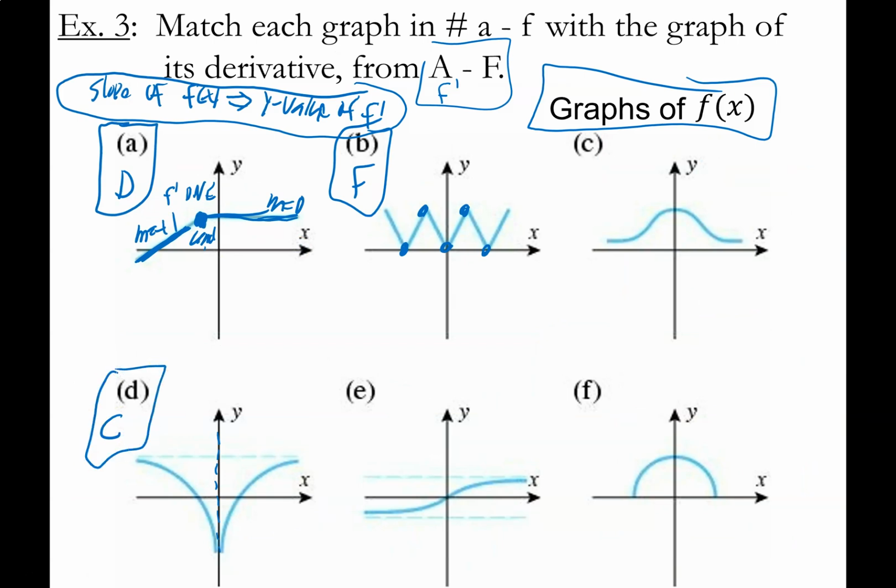Now let's talk about the slopes here. Again, here I have a really small negative slope. It gets bigger, and then I get a really big negative slope. Then here I have a really steep positive, then mild positive, and then a very small positive.